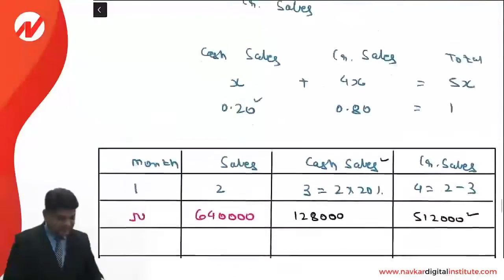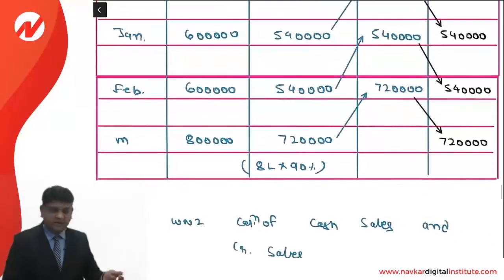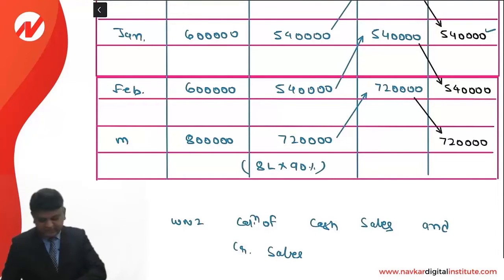Now friends, we already have calculated what is the payment for purchase of the goods. For January it is 540, for February it is again 540, and for March it is 720.